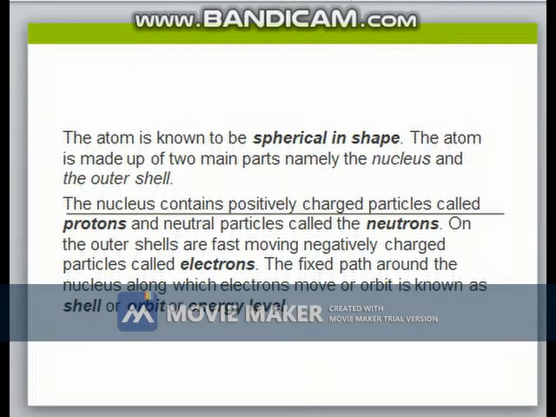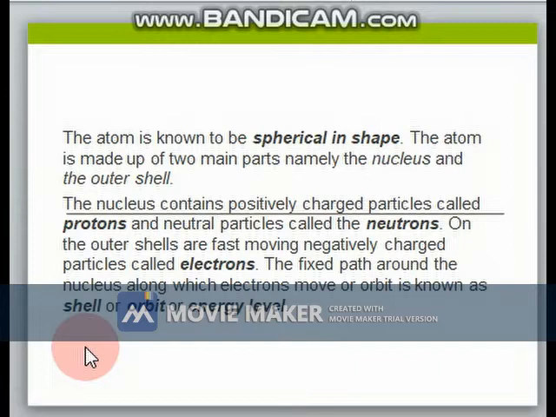So by virtue of that, we describe the atom as spherical in shape. The atom is made up of two main parts, namely the nucleus and the outer shell. The nucleus contains positively charged particles called protons and neutral particles called the neutrons. On the other hand, on the outer shells are fast-moving negatively charged particles called electrons.